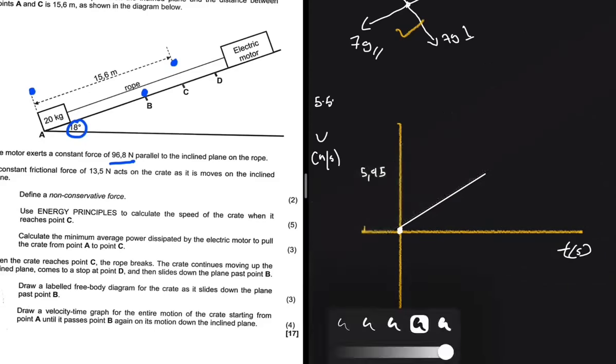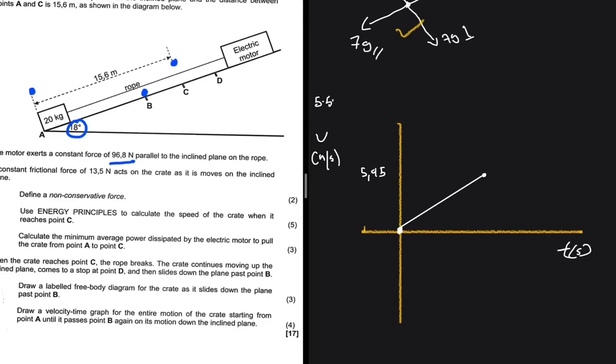And then what happens after we reach a velocity of 5.95? The rope breaks, and when the rope breaks, we no longer have that force that is pulling our object, but our object will go up for some time before it reaches a VF of 0. As it is going up, its velocity is decreasing until it reaches 0.